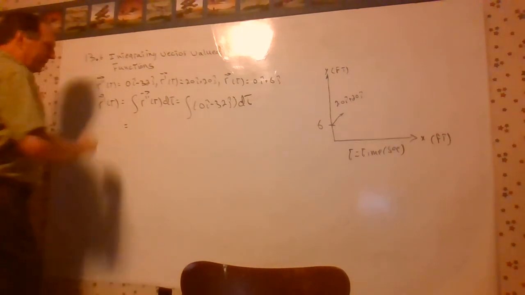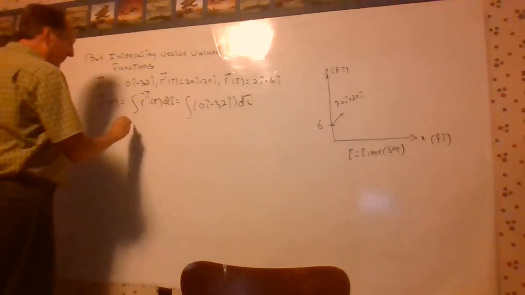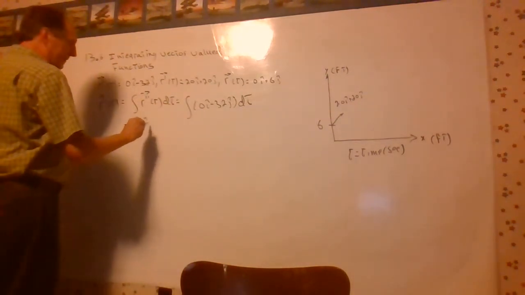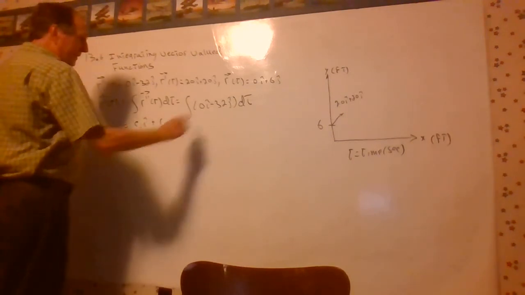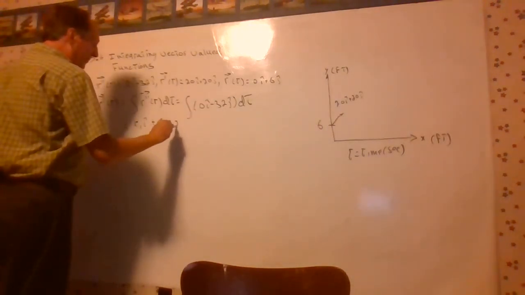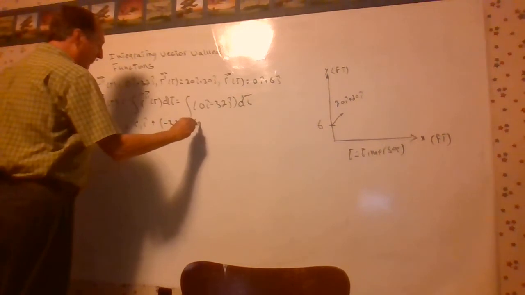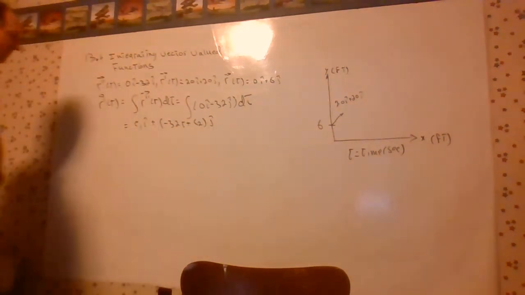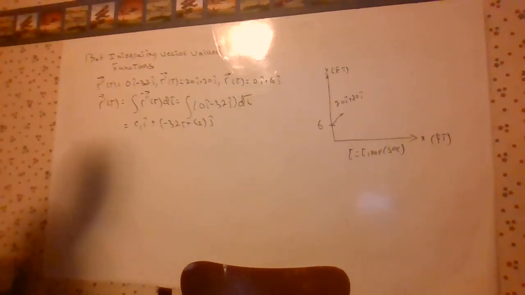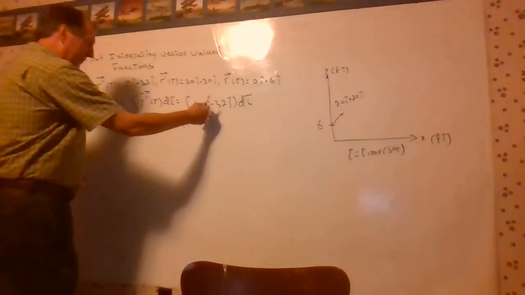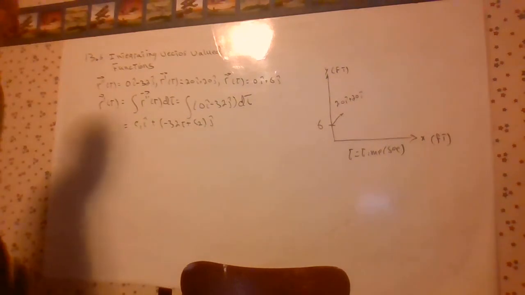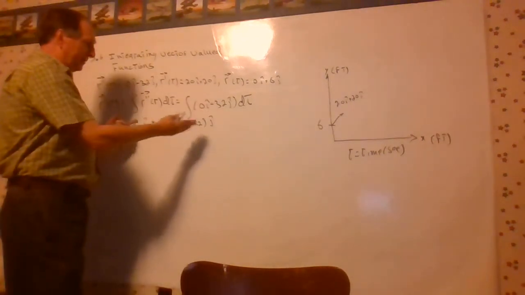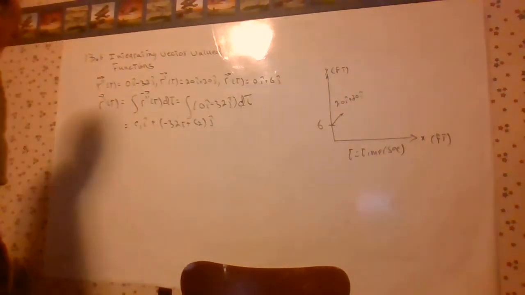The integral of 0 is a constant. Then negative 32 is negative 32t plus another constant, j. We have two constants of integration. We just integrate these scalar coefficients. You could add a constant vector on the end, but this tends to make it a little bit easier.